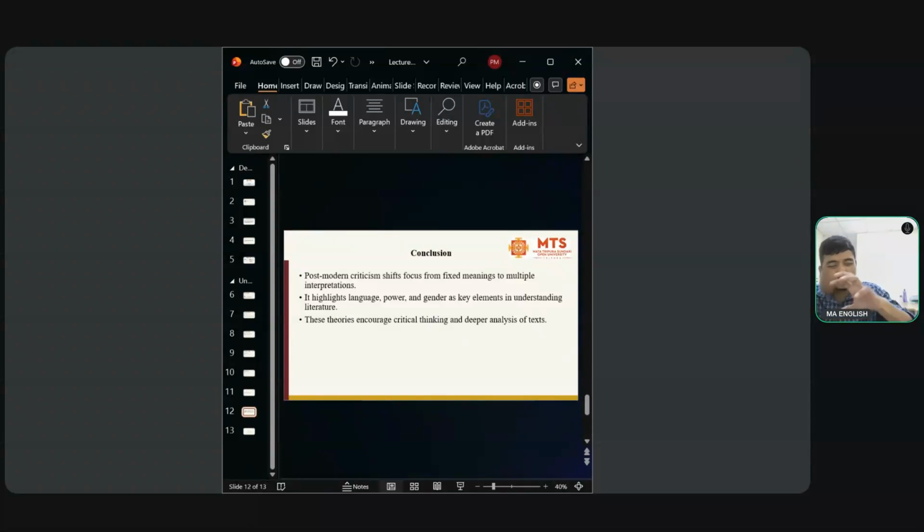We have also discussed how it highlights language, power, and gender as key elements in understanding literature, and that this theory encourages critical thinking and deeper analysis of text. So with this, we conclude today's lecture.